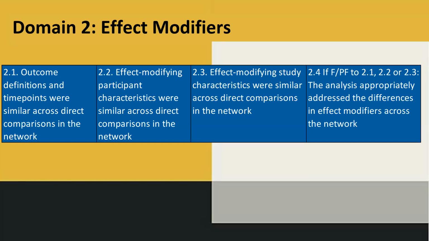And finally, this overall summary question: if you have concerns from 2.1 to 2.3, so if you do suspect effect modifiers, then you would answer: did the analysis appropriately address the differences in effect modifiers across the network?